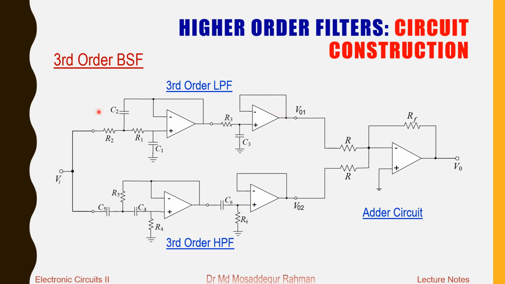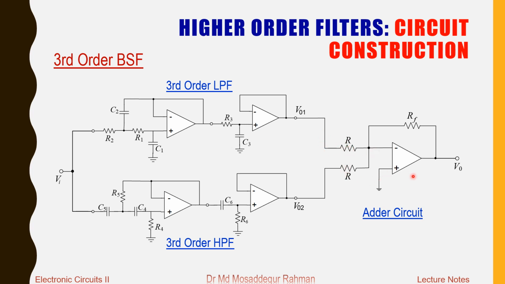Together they give a third order low pass filter. And at the bottom we have a second order Sallen and Key high pass filter that is connected with a first order high pass filter, giving us a third order high pass filter.